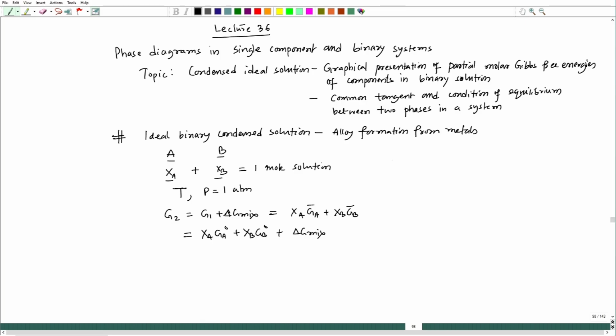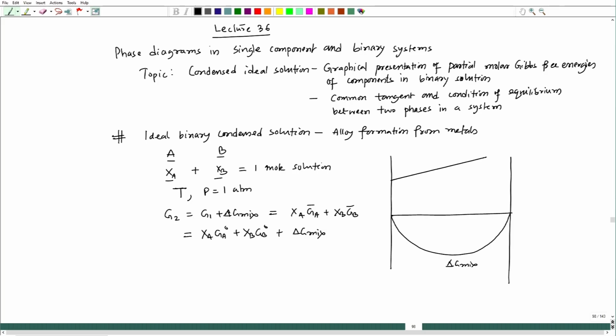So, when we look at the plot, we have seen that this is my delta G mix, this is G1, which is nothing but XA GA naught plus XB GB naught, and for the solution, the plot would be like this. This is G2, okay, and we know how it appears. So, this is the G axis and this is XB.